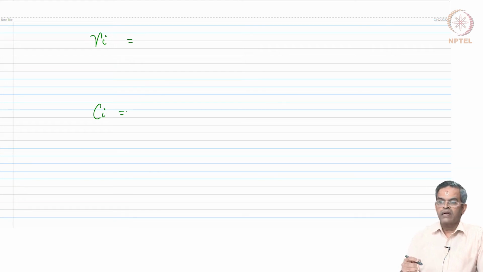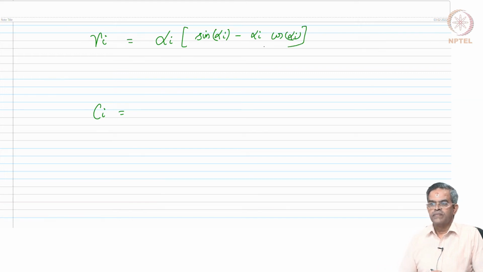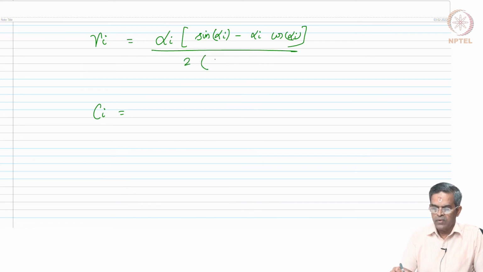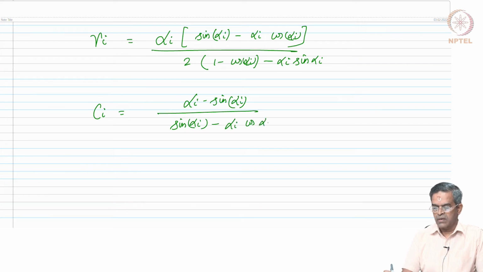So, Ri again becomes alpha I times of sin alpha I minus alpha I cos alpha I, divided by twice of 1 minus cos alpha I minus alpha I sin alpha I, and of course, Ci is alpha I sin alpha I divided by sin alpha I minus alpha I cos alpha.